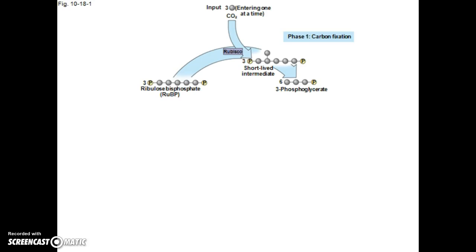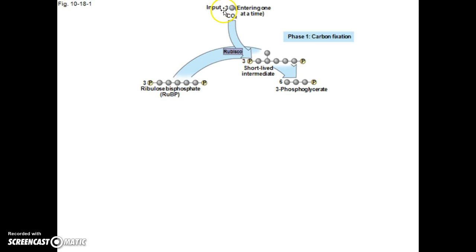So the first step of the Calvin cycle, we have carbon fixation. We can see on here RuBP, which was mentioned a moment ago, is a 1, 2, 3, 4, 5 carbon sugar. It's catalyzed by Rubisco right here, which you may have seen on the previous slide. And we take in some carbon dioxide.